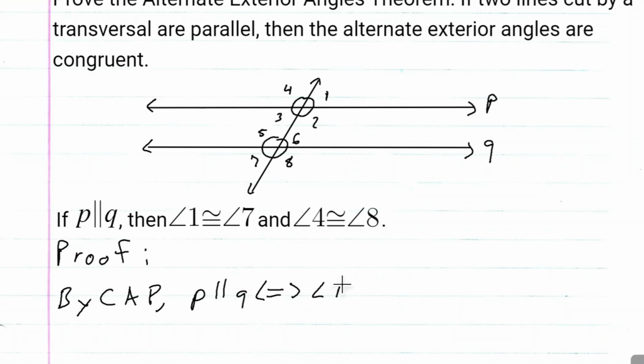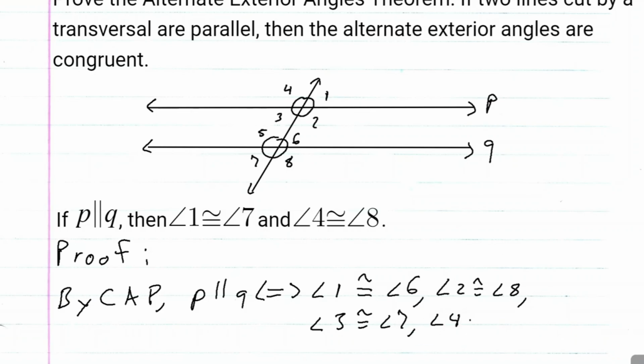Angle 1 is congruent to angle 6. Angle 2 is congruent to angle 8. Angle 3 is congruent to angle 7. And angle 4 is congruent to angle 5, right? All right, so by CAP we have those.